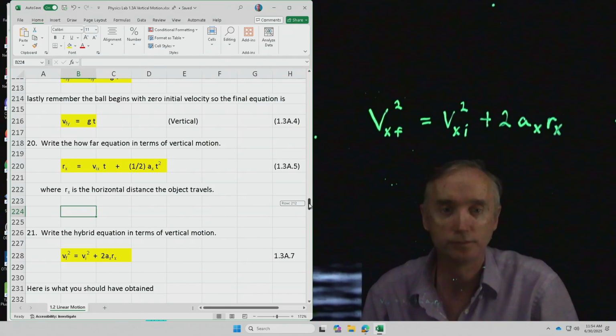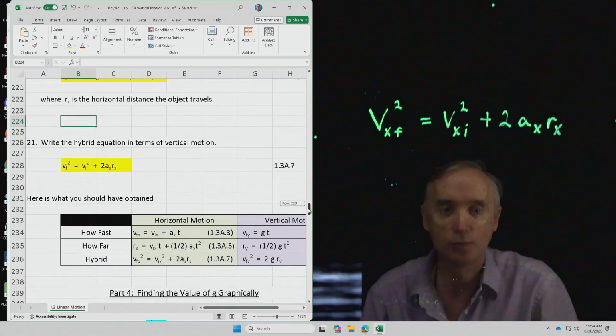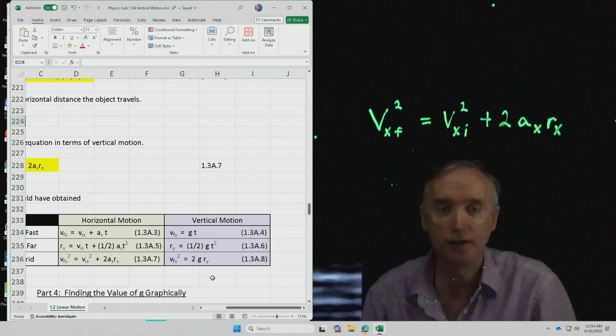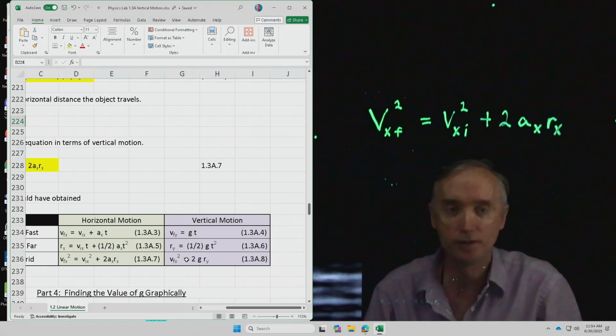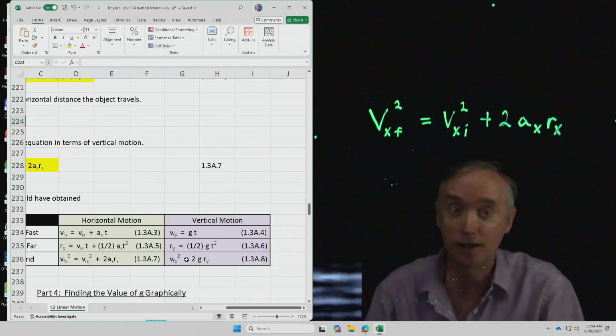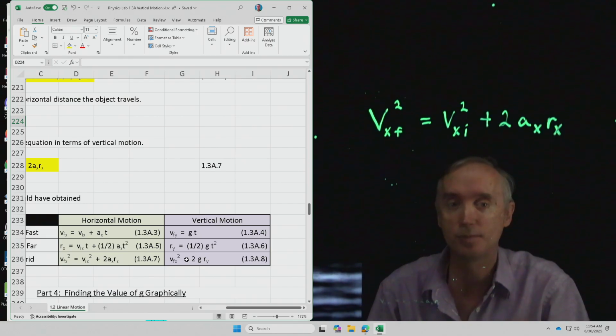Okay, ready? So this is what you should have obtained. Over here are the horizontal equations of motion, and over here are the vertical ones. You should notice that the vertical ones are much easier than the horizontal ones, because there was no initial speed. Sometimes it's going to have an initial speed.